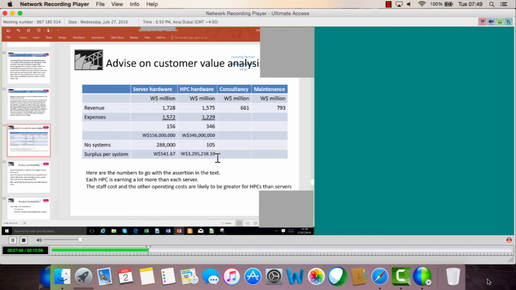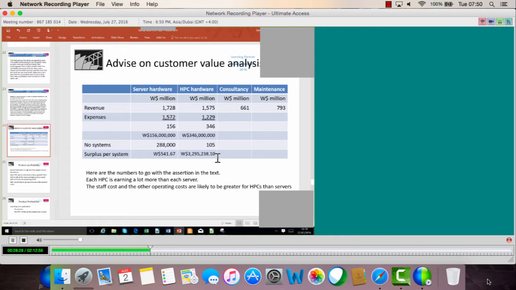On average, when we sell server hardware, after we've deducted expenses, we're getting not quite 550 Westland dollars. On average, when we are selling HPC hardware, after we've deducted expenses, we're getting just under 3.3 million Westland dollars.